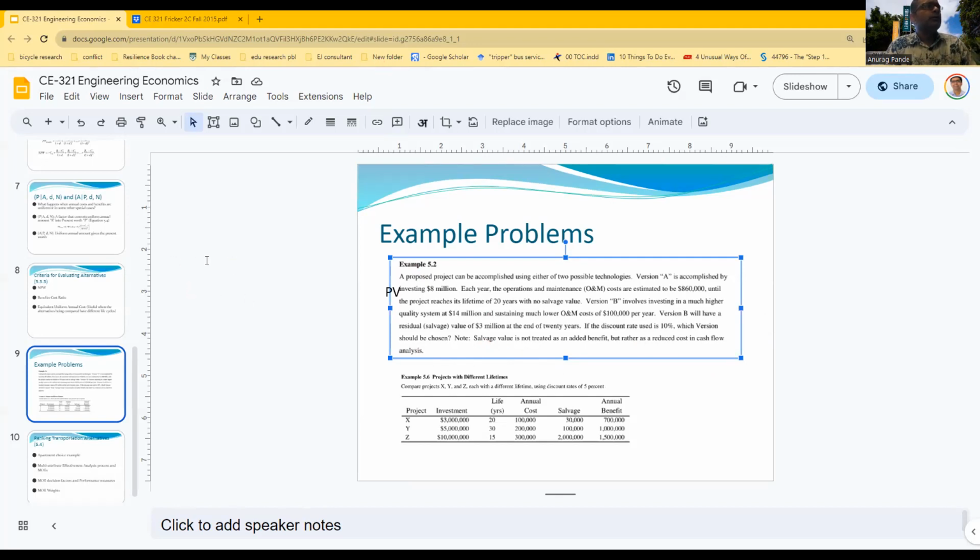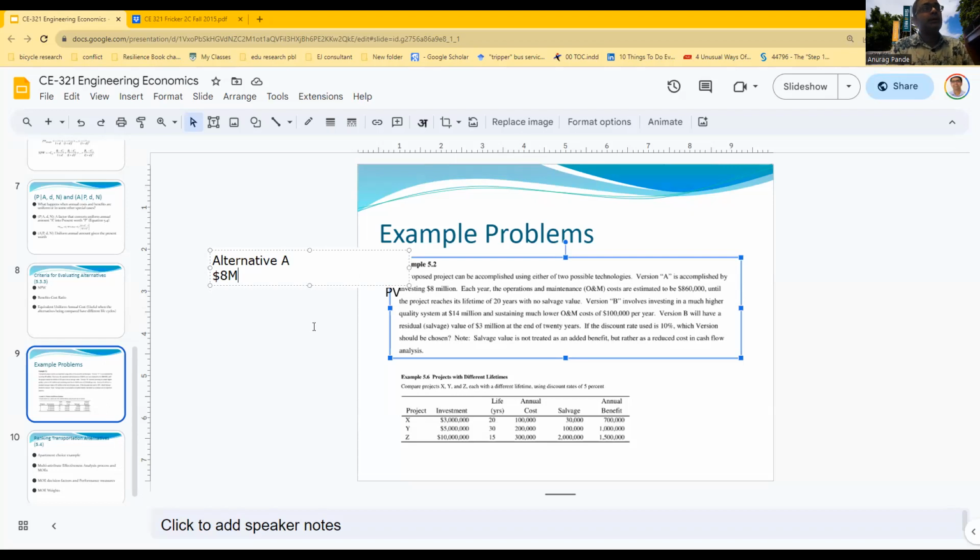Let's figure out how we're going to start approaching this problem. Because I'm converting everything to present value, would I be applying any correction to the present value of investment? Let's look at alternative A first. It's at an $8 million cost.